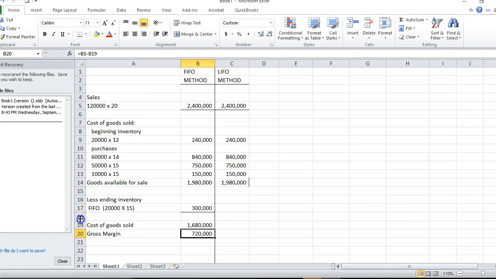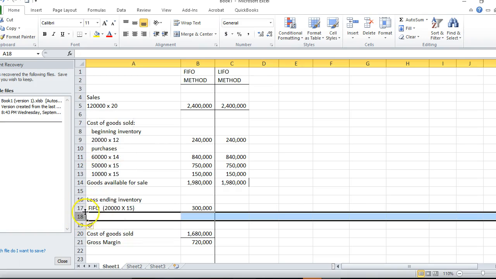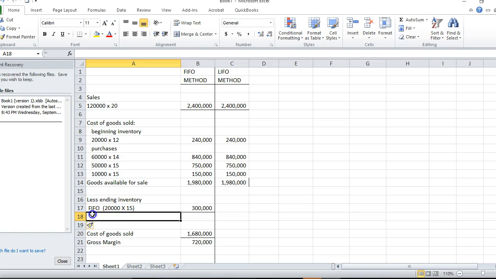Now let's take this using, instead of FIFO, LIFO. Under LIFO, the last ones in are the first ones we sell. So if we do LIFO, which ones are sitting in ending inventory? 20,000 at $12, right? Or 240,000.